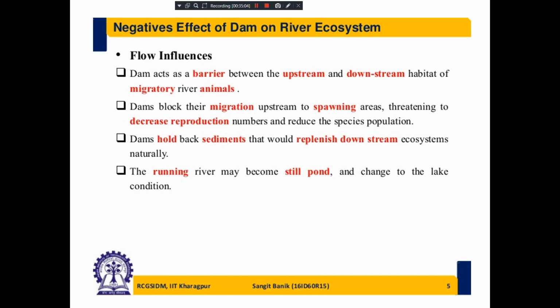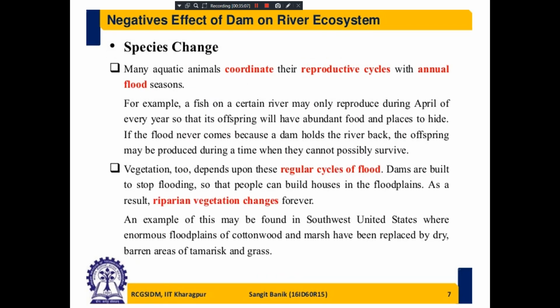This affects the biota which is living in the free flowing rivers. This may cause many problems. For example, many aquatic animals coordinate their reproductive cycle with annual flood seasons. The species composition or species structure may change.